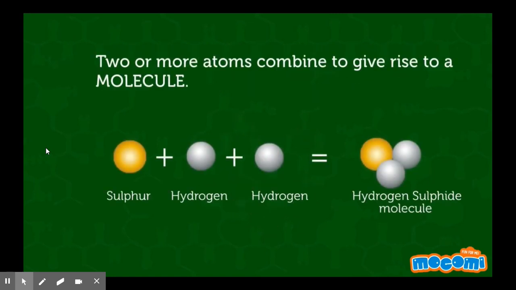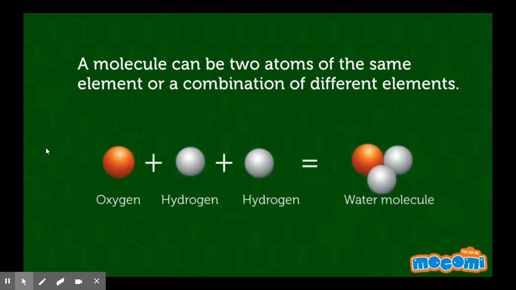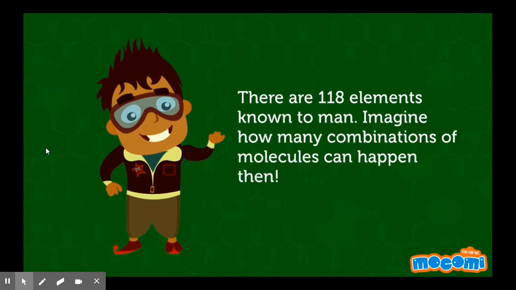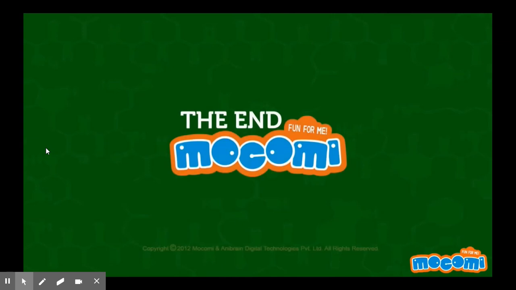Two or more atoms combine to give rise to a molecule. A molecule can be two atoms of the same element or a combination of different elements. There are 180 elements known to man. Imagine how many combinations of molecules can happen then.